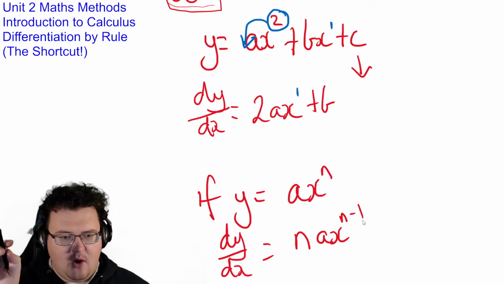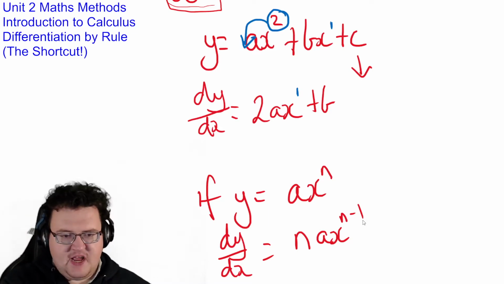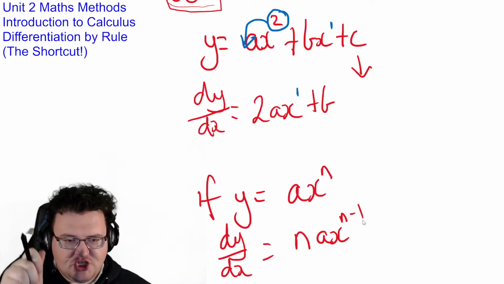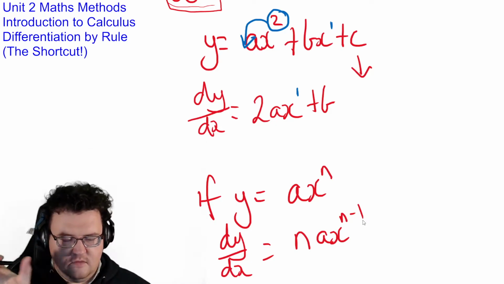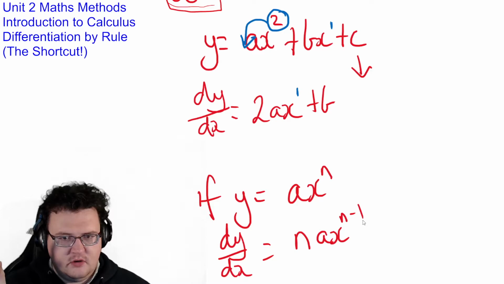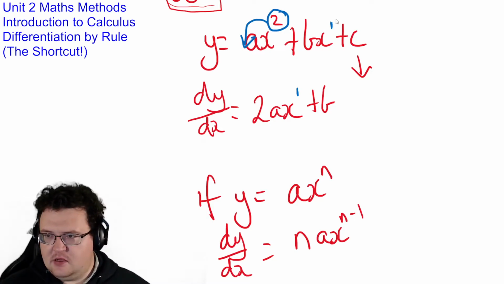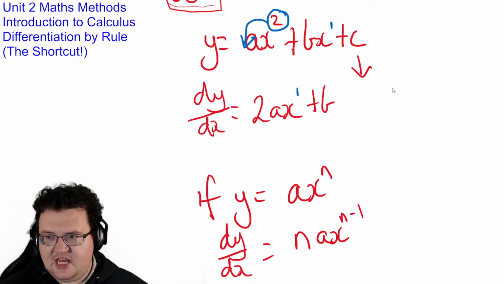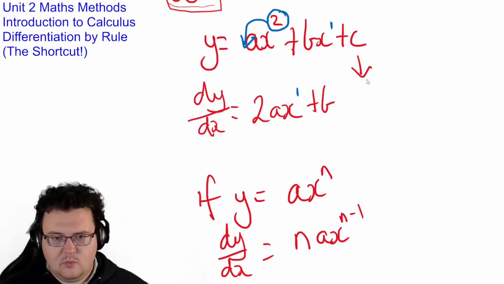I take the power, I drop it down the front, and I subtract 1 from the power. And I do that for every term in the equation. I take the 1 down the front, drop it down, subtract 1 from the power to become 0. 1 times b is just b. C has no x, we drop it off.